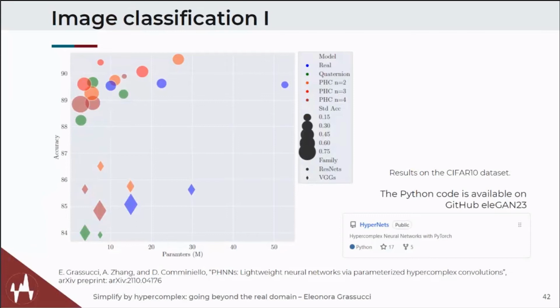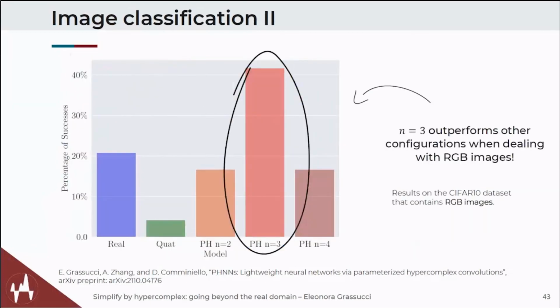If you want to have a look, the code is publicly available on GitHub. You can also play with some tutorials, with some example notebooks. Here is a second example, and it is very important, since it is tested on the CIFAR-10 dataset that contains RGB images. We can see that in each run we test different models. Again, we test different ResNets.